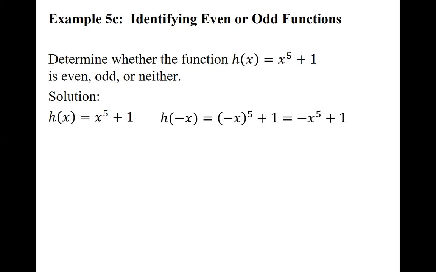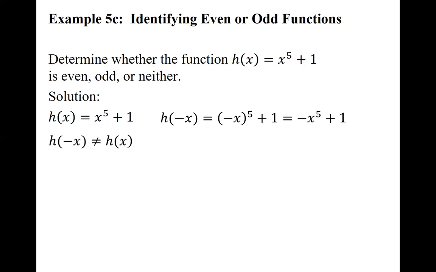Negative to an odd power is negative, so negative x to the fifth plus 1. We replaced x with negative x, but not all of the signs changed. The positive x to the fifth became a negative x to the fifth, but the positive 1 stayed positive 1.